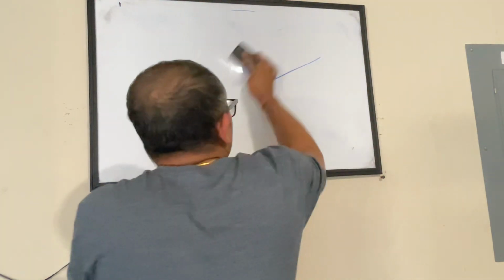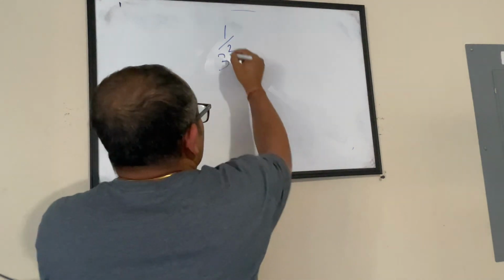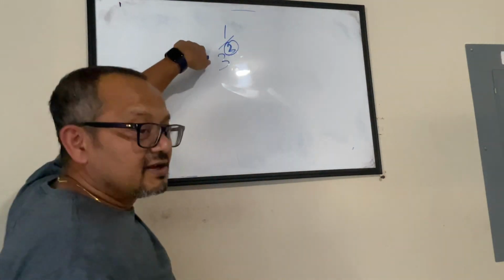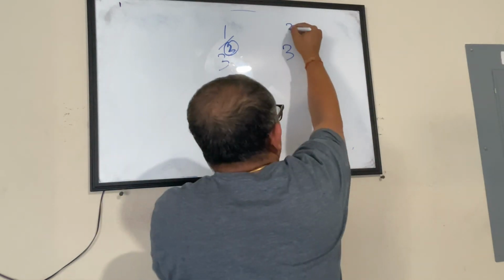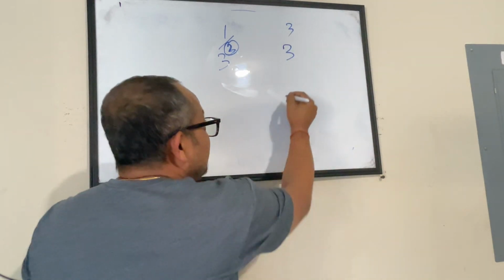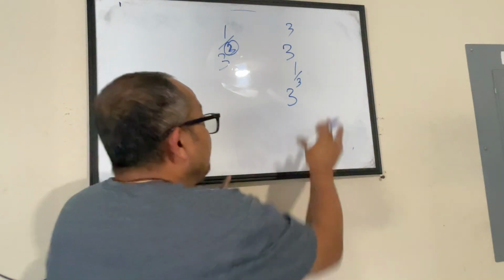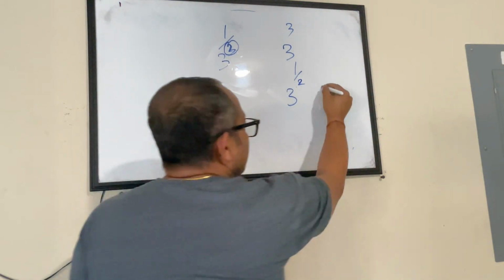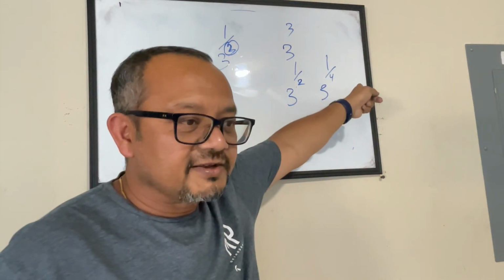When I was talking about 3 to the power 1 by 2 or 1 by 3, this 1 by 3 that you see here is nothing but the cube root. If you see 3 to the power 3, this is cube of 3. If you see 3 to the power 1 by 3, this is cube root of 3. Or if you see 1 by 2, this is square root of 3. If you see 1 by 4, this is the fourth root of 3.